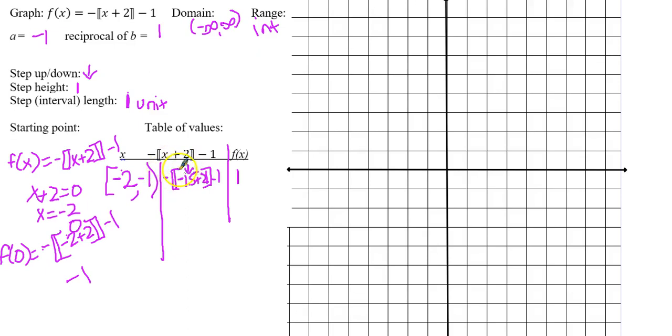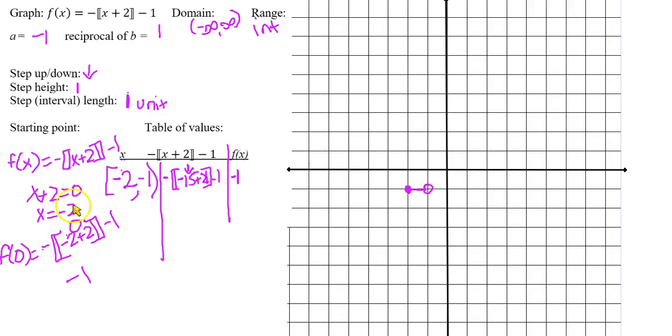The opposite is 0. 0 minus 1 is negative 1. Okay, so I'm going to go to my x-axis to negative 2 and down 1. And I'm going to put a point, and then I'm going to reach over to negative 1 and open that up, approaching negative 1.